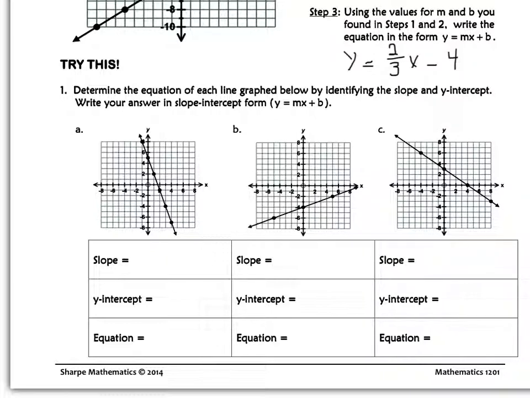From this point to this point, we have a rise of 1, 2, 3, up and 1 to the left, so that would be -3/1. And the y-intercept is at 5. So our equation should be y equals -3x plus 5. We're just substituting the m for -3 and the b with 5.